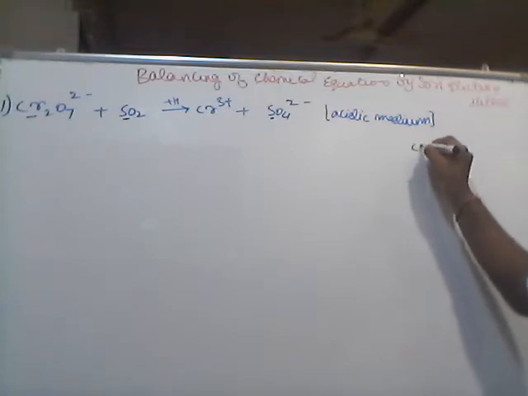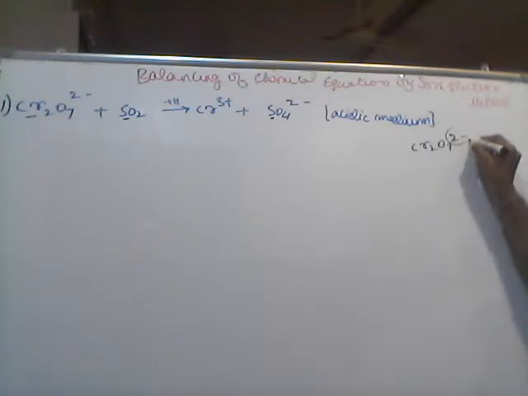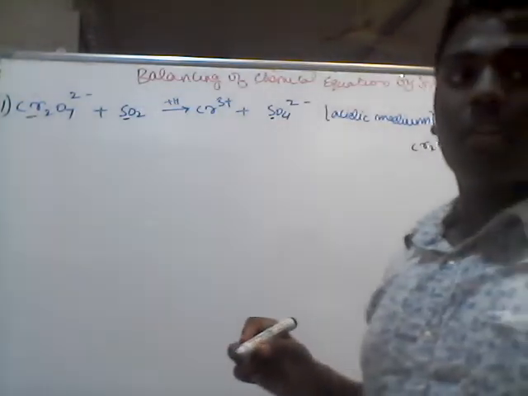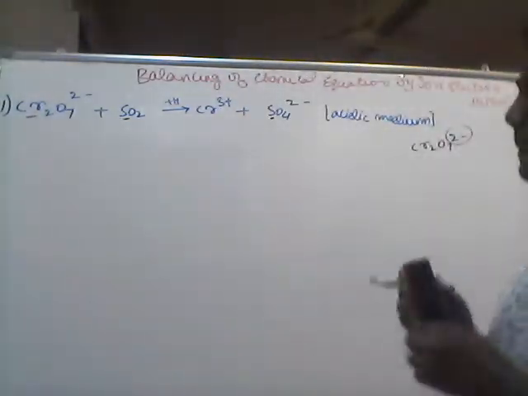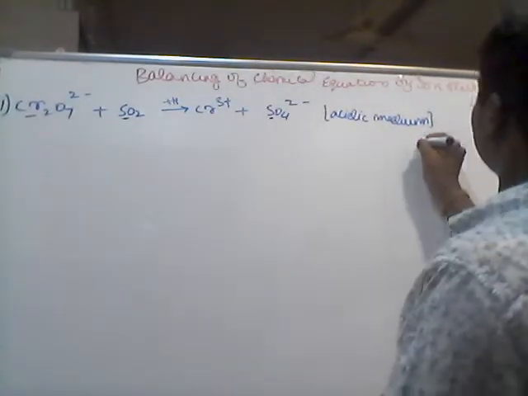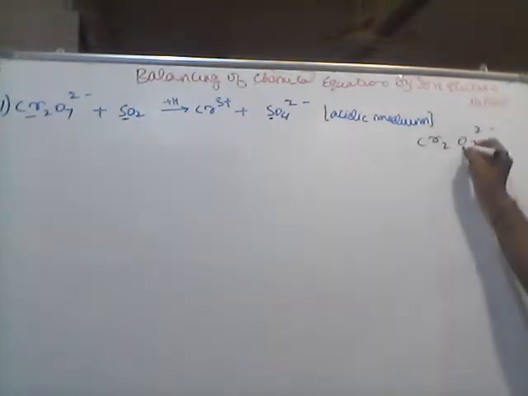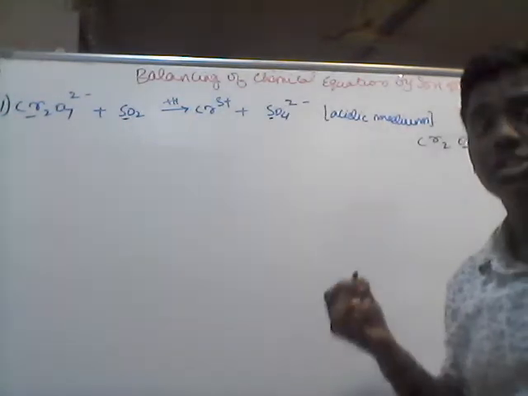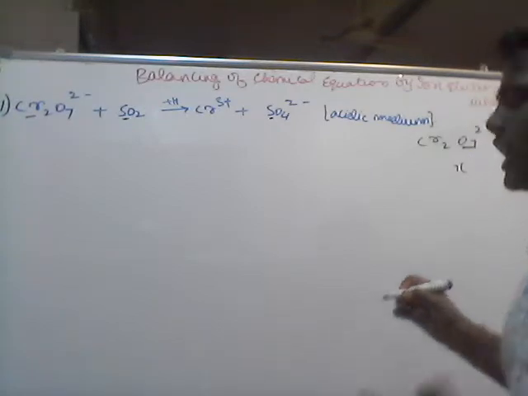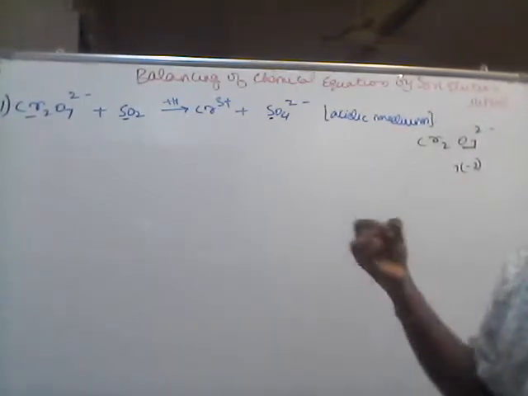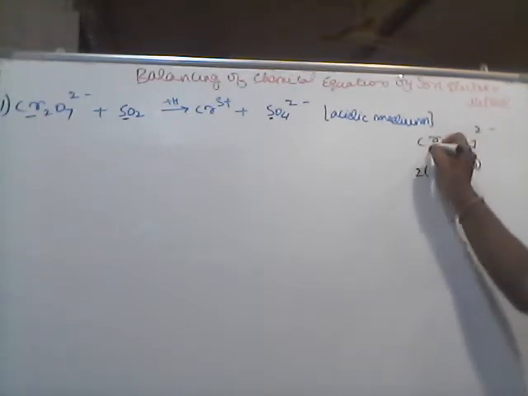First, write down the species Cr2O7 2-. This is the total charge, not the charge of oxygen; it is the total charge given for the whole Cr2O7. We know oxygen's charge is minus 2, and there are 7 oxygens, so 7 into minus 2, plus 2 chromiums, 2 into x, since we are finding the charge of chromium.